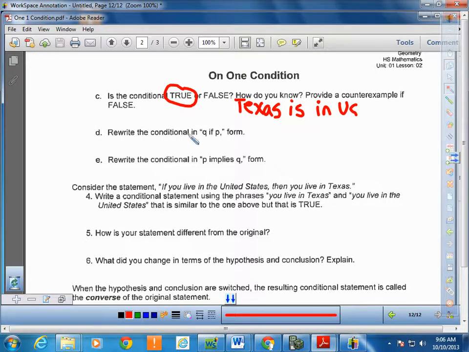Rewrite the conditional in Q if P form. So they want you to make it an if-then statement. If you live in the United States, then you live in Texas.